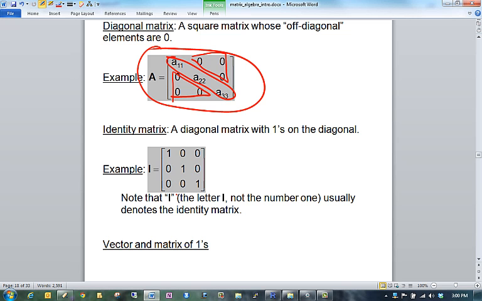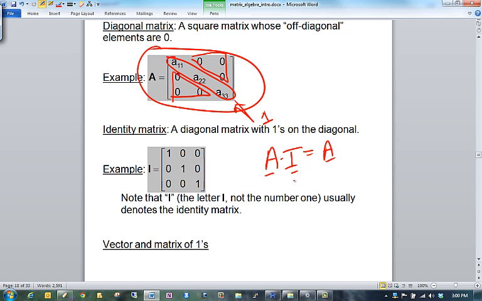A special kind of a diagonal matrix is called an identity matrix, where now all these items on the diagonal are equal to 1. So why is it called the identity matrix? Well, simply, if I were to take A times I, where I is an identity matrix, and A is an appropriately sized matrix so that you can do this matrix multiplication, I will get A back.